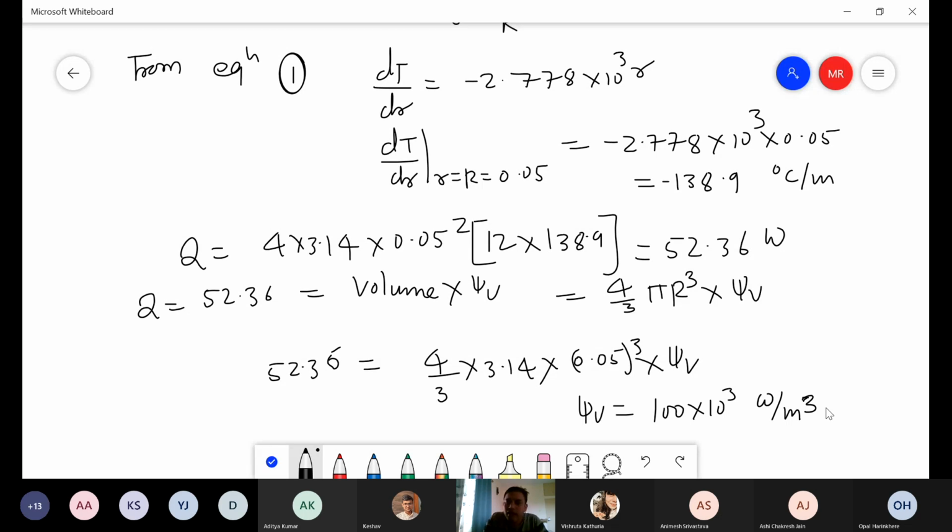Yes, this indeed is the question every year people say. I perfectly agree with you. Probably this is a function of R. That is why you are getting that specific expression for the temperature profile, isn't it? Yes, sir. But this psi v is at small r equals capital R. That is what you are trying to say? Yes, sir.